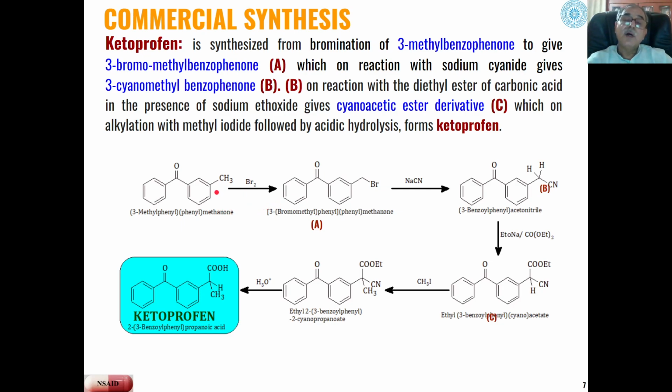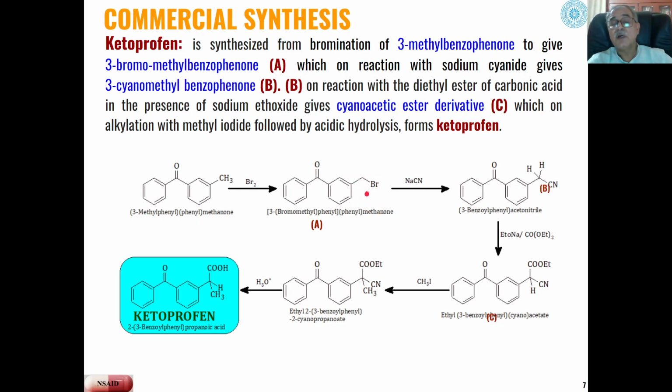So most of the reactions will take place as modification reactions at this methyl functional group. In the first step, this will undergo reaction with bromine. So bromination will take place at this carbon. This will be converted into the methylene bromide.